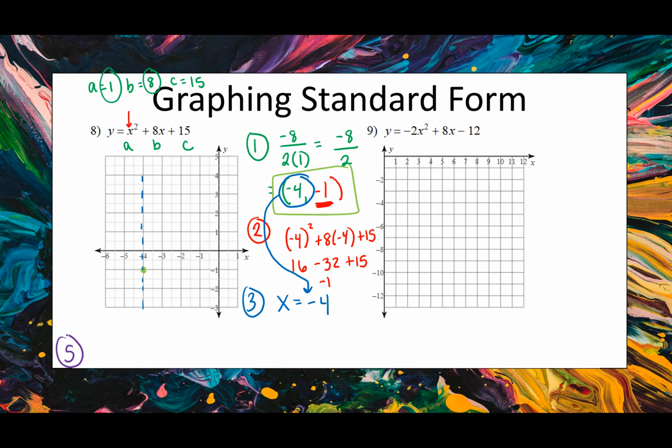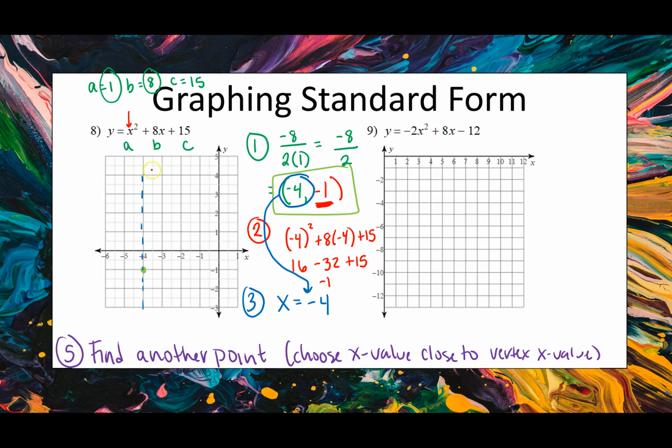So step 5 is to find another point, and that point has to be really close to your vertex. So choose an x value close to your vertex x value.